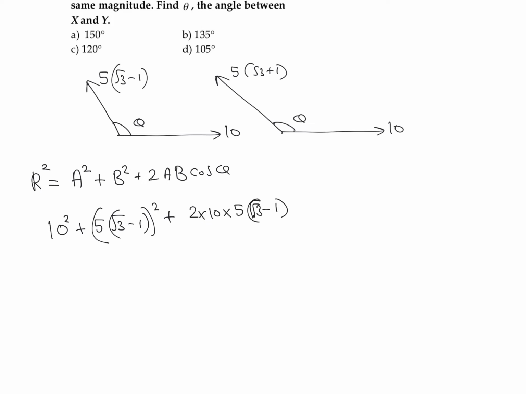Now let's cancel the common terms on both sides. On the left side we have 10 square and on the right side also 10 square, so we can cancel it. Now we can expand this equation.